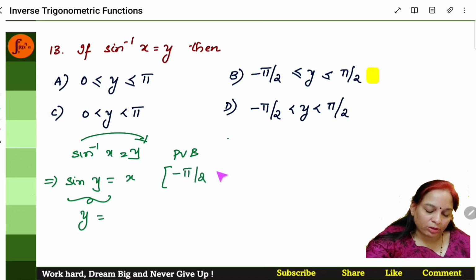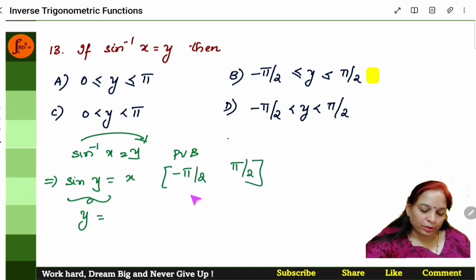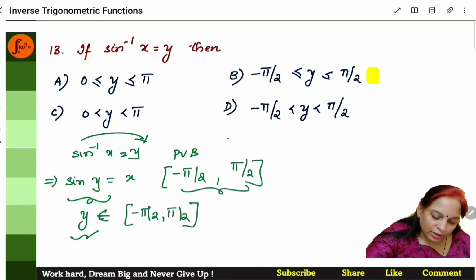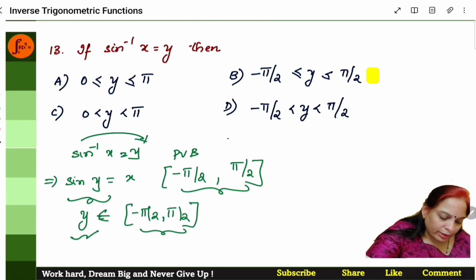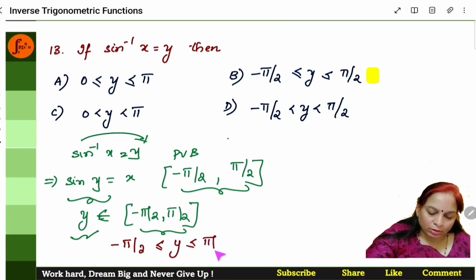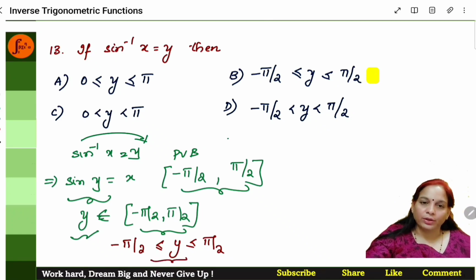What is the principal value branch? Minus pi by 2 to plus pi by 2. Within this range is what you'll get the value of y. So we'll write minus pi by 2 less than or equal to y and less than or equal to pi by 2. So between this minus and plus value, you will find this y value. So this is the right answer.